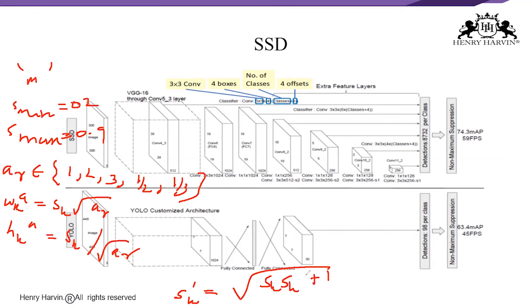Therefore, we can have at most 6 bounding boxes in total with different aspect ratios. Say there are layers with only 4 bounding boxes. If there are 4 bounding boxes, then the aspect ratios 1 by 3 and 3 are omitted.